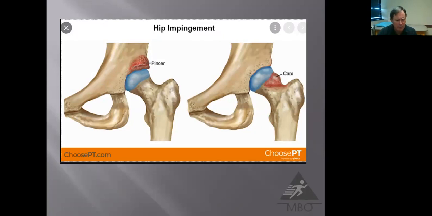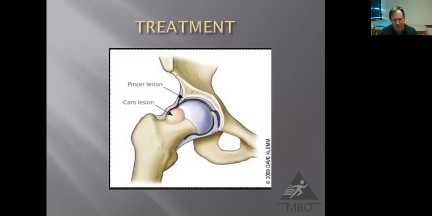And in the appropriate person, these are generally younger patients. These can be treated, if they don't get better with physical therapy, by going in and surgically just removing a little bit of the bone here or a little bit of the bone here to allow you to get back to normal activities. And this is something that a fair number of athletes, for instance, have done. This is a picture of, again, the pincer lesion. You can see how it kind of comes down here.